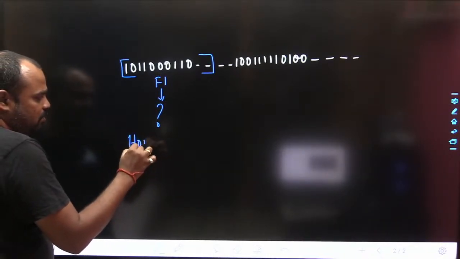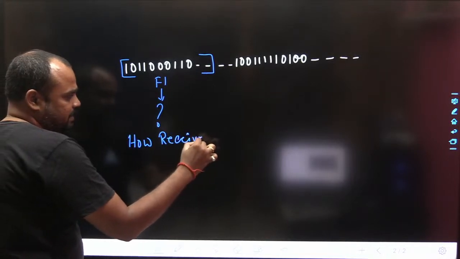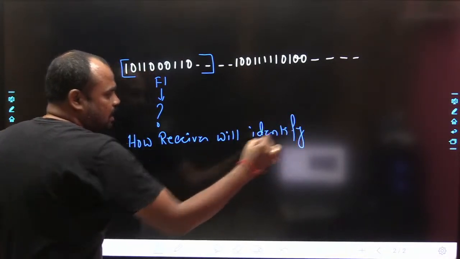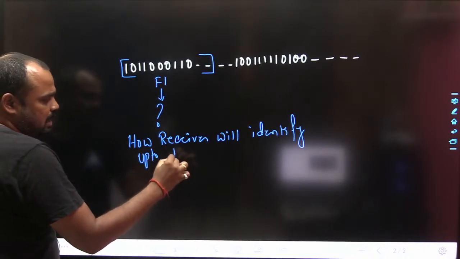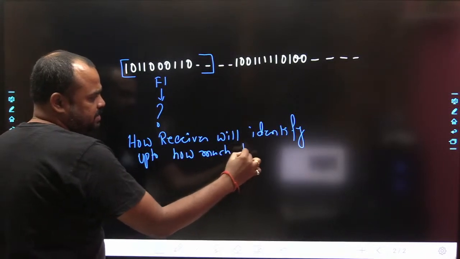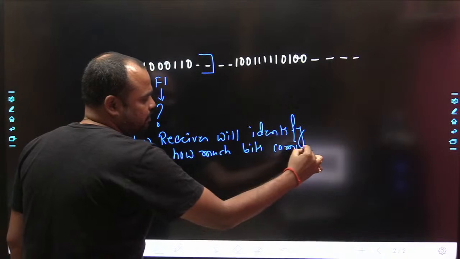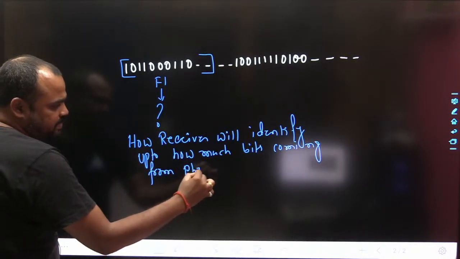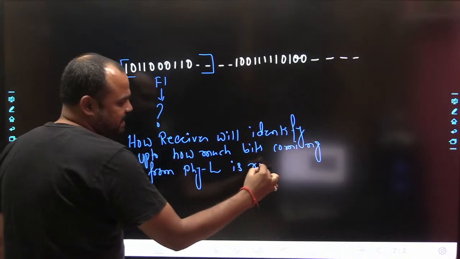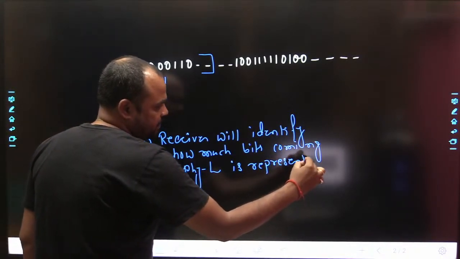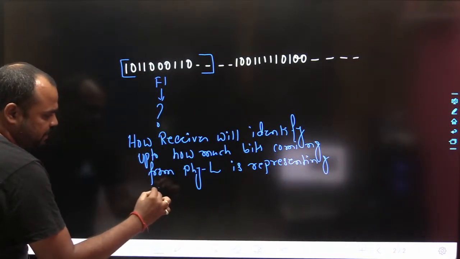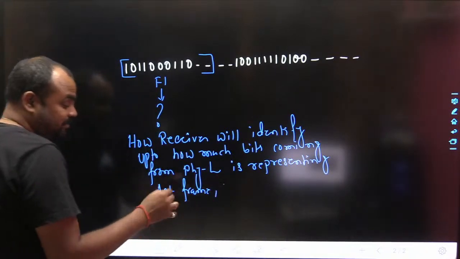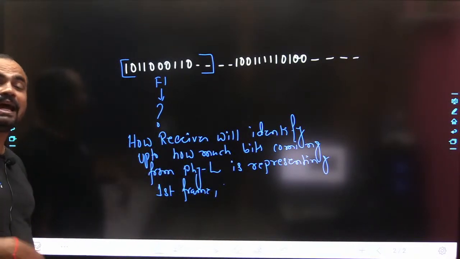Here the question arises: how will the receiver identify up to how many bits coming from the physical layer are representing the first frame, and after that how many bits are representing the second frame, and then how many bits are representing the third frame?